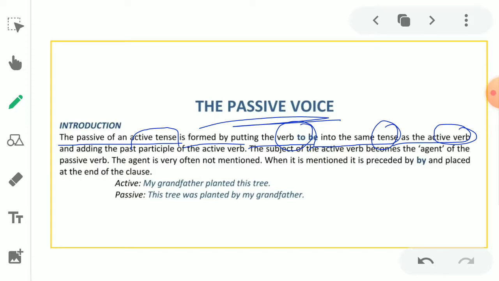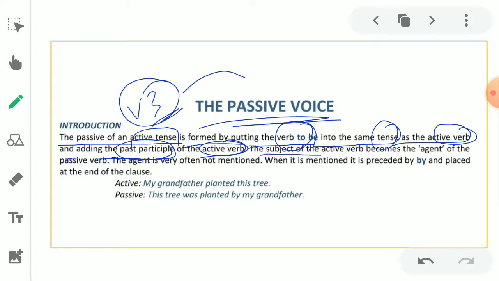The verb which is used in active, we have to consider that same verb in passive also, adding the past participle, which we call the V3 form of the active verb.